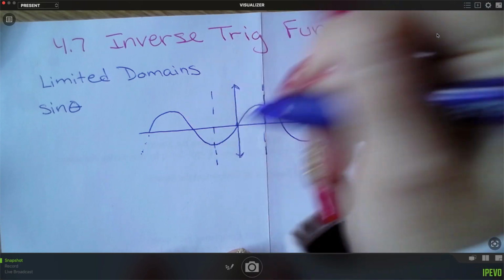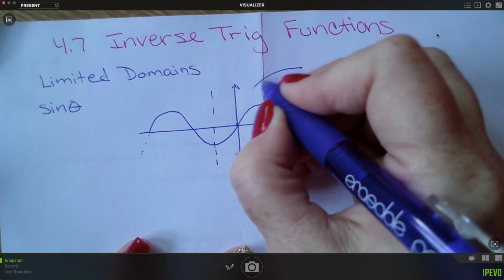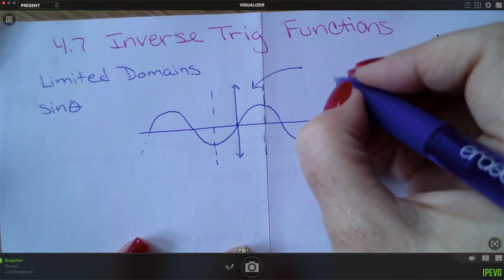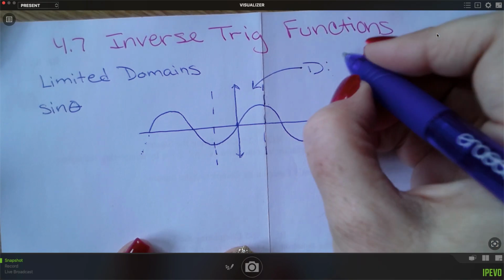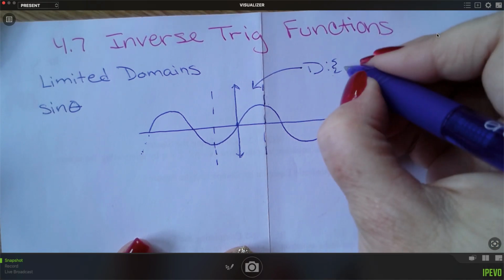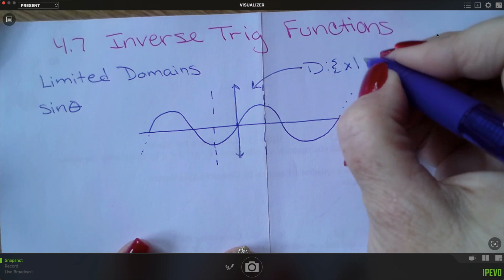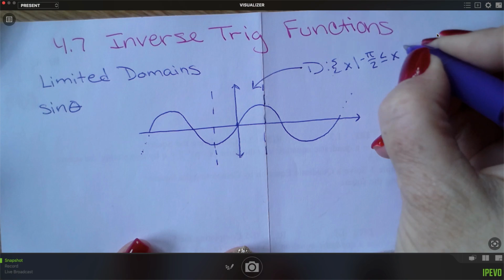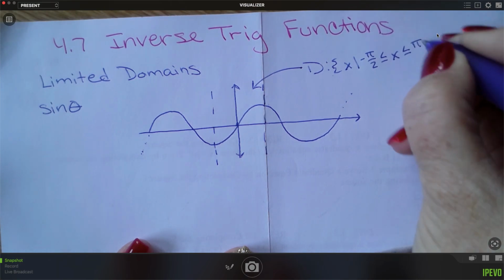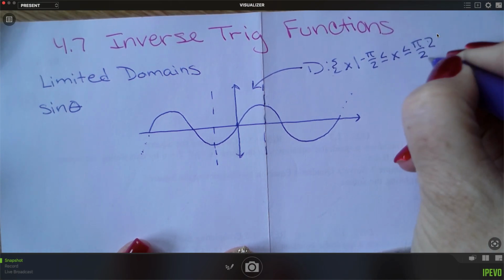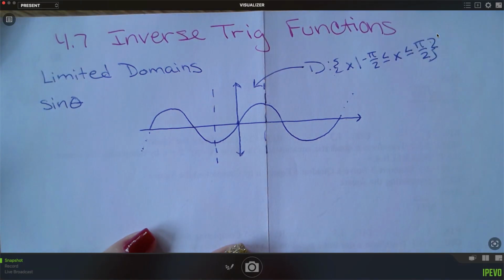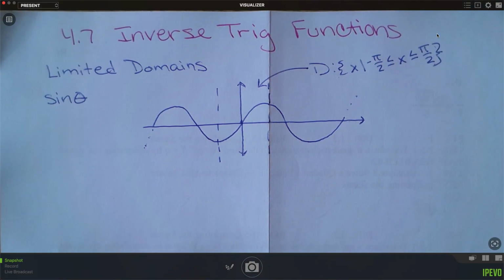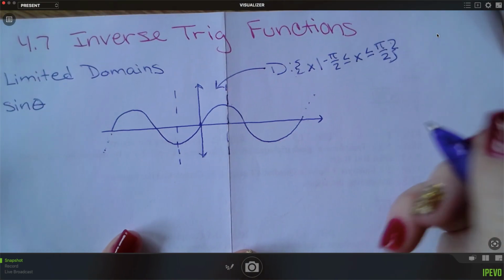We can limit it, right? And change the domain to, again, if you wrote it already down, then you don't have to rewrite it. We're changing that domain to x such that negative pi over 2 is less than or equal to x, which is less than or equal to pi over 2. And evidently I decided to go slanted with that. So if I do that, now I have this picture.